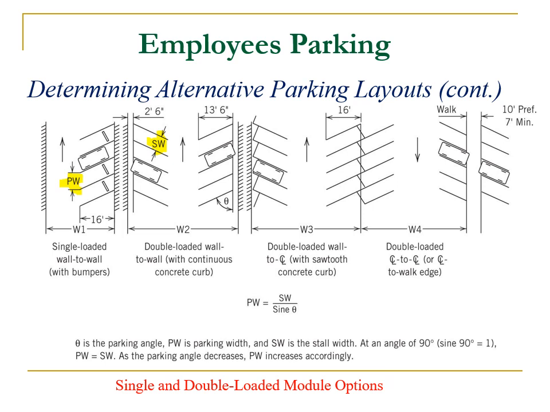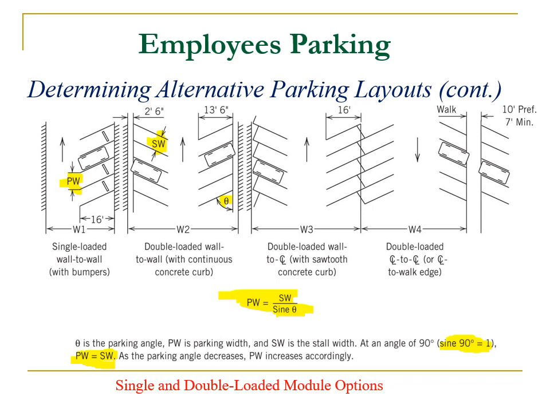There's a relation between the stall width and the parking width. Basically, the parking width is the stall width divided by sine of delta. If this angle is 90 degrees, you are making a perpendicular parking, and since sine 90 is 1, the parking width is equal to the stall width.